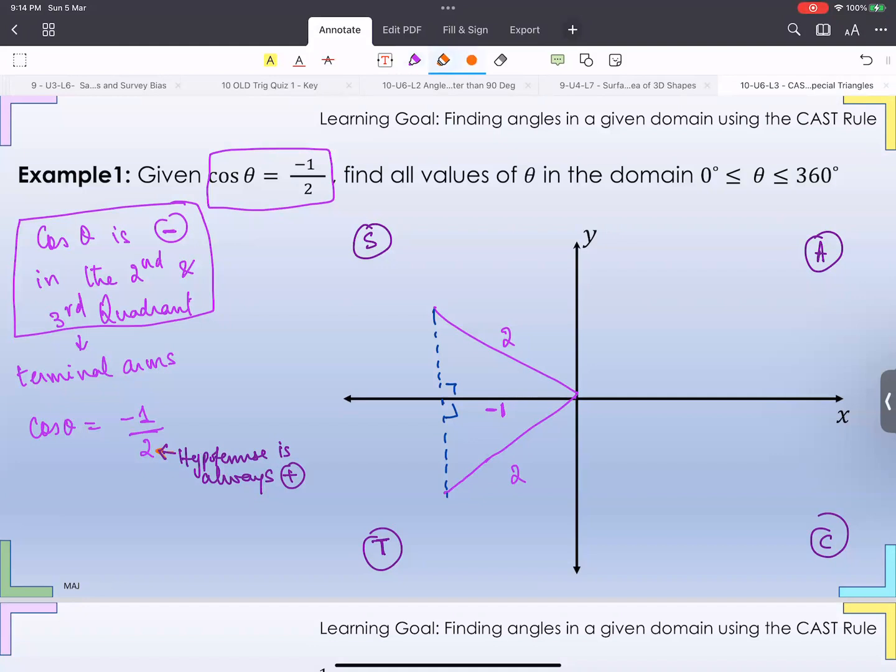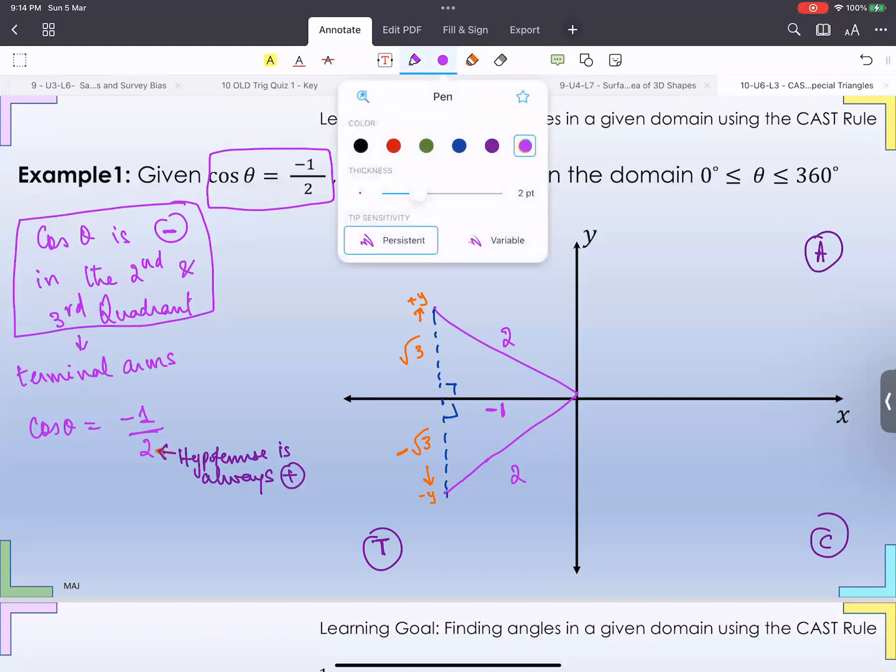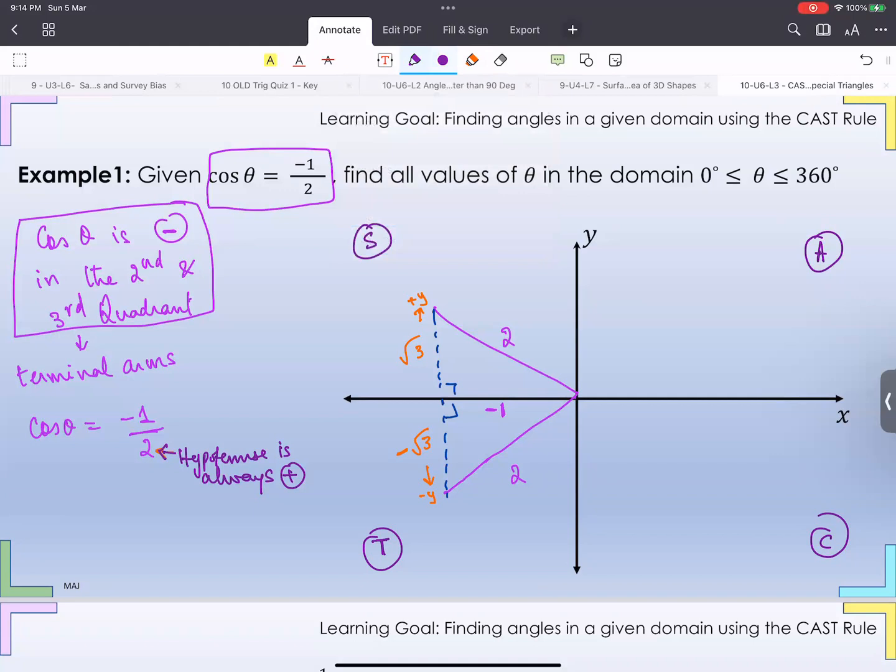So we're going to fill this in: √3 and -√3, okay? Because this is in the negative y direction and this is in the positive y direction. But we really don't need that. But if you want to label everything before you move on, then by all means add that in, okay?